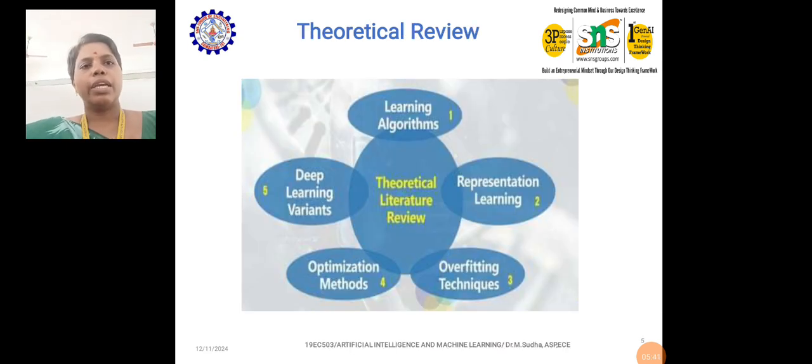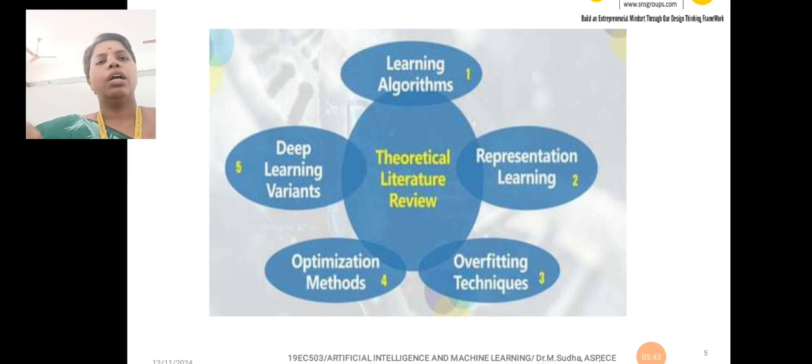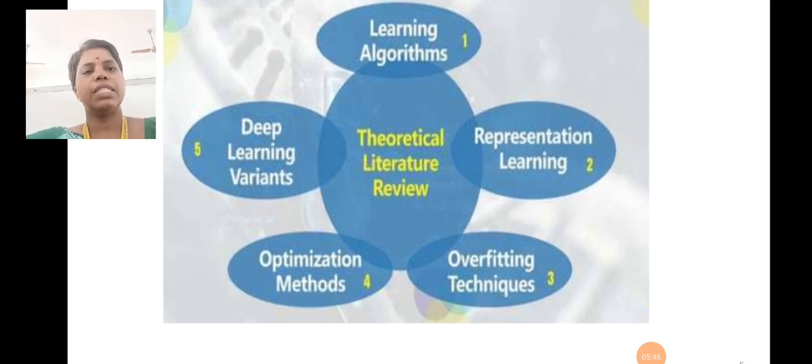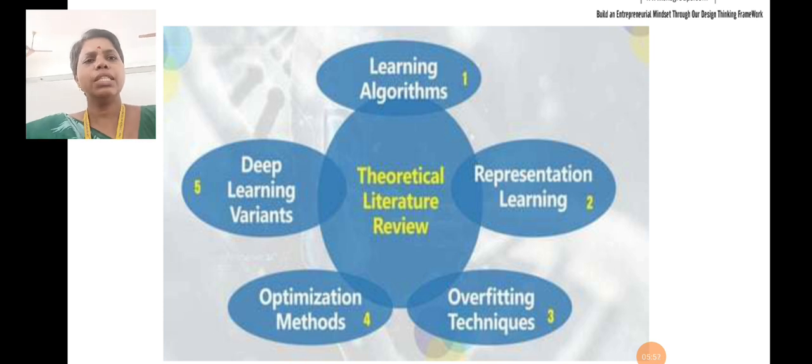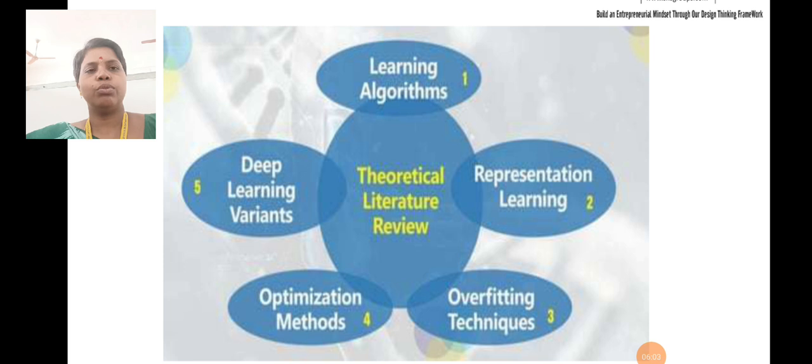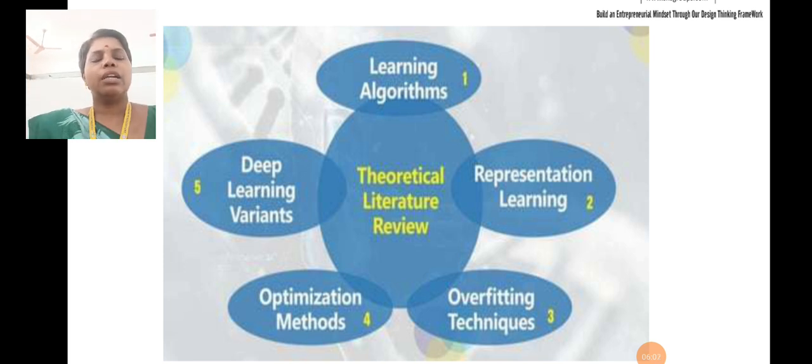Coming to the theoretical review, we need to be aware of these parts. We have five important categories. The first one is the learning algorithm. While analyzing deep learning, we must be choosy about what kind of learning algorithm we are going for, what data size it can handle, and especially what kind of problems could be solved.